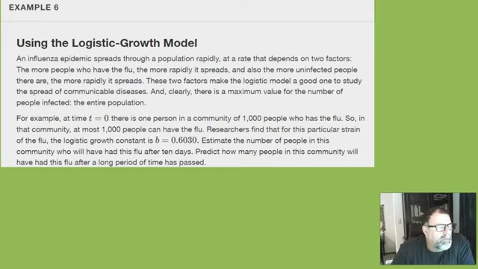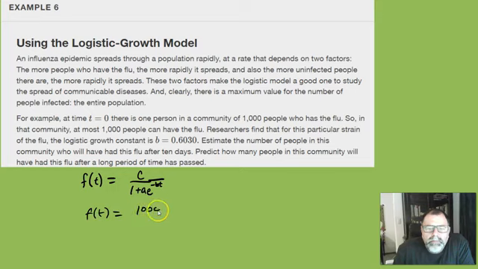Okay, so let's start out with our logistic model. So f of t is equal to c over 1 plus a e to the negative bt. We're going to put in 1,000 for the carrying capacity. So f of t is equal to 1,000.